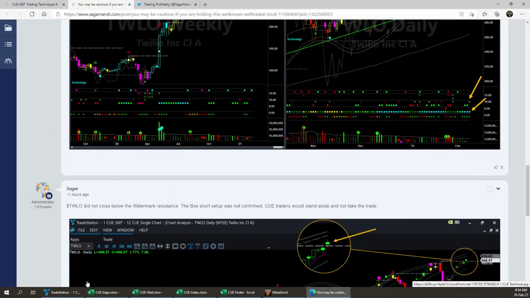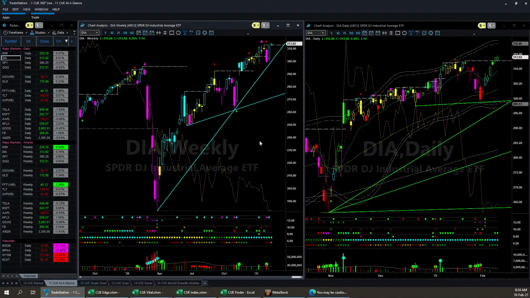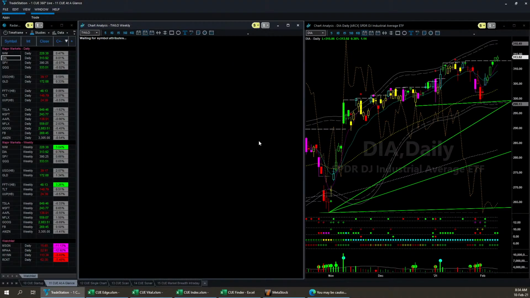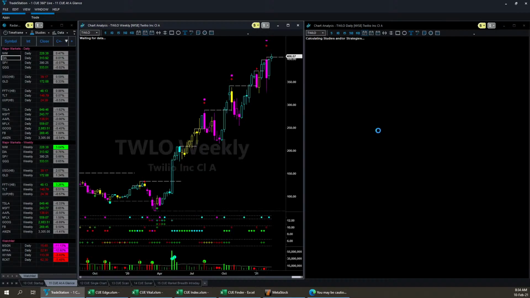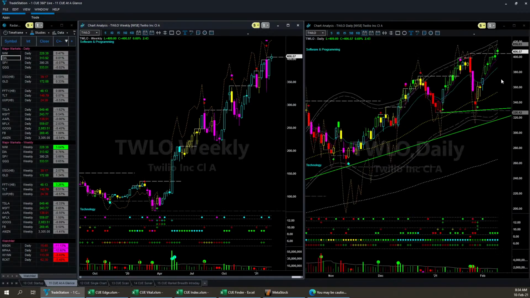Let's look at the live system. TWLO. The daily candle color never changed to yellow, and in fact by the close of the day the bear release signal also disappeared.